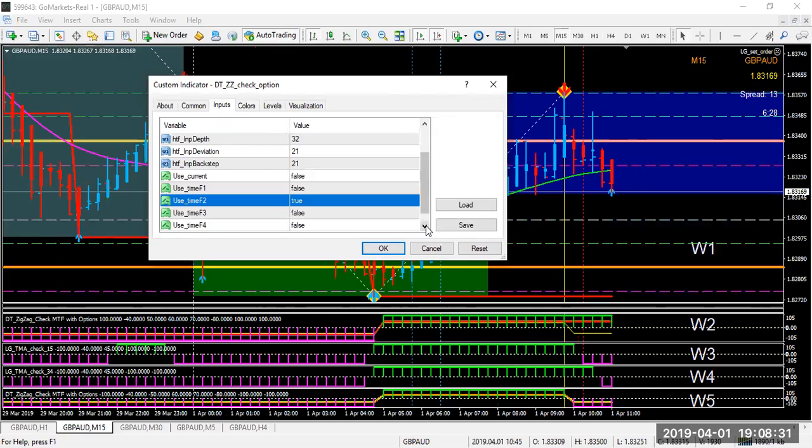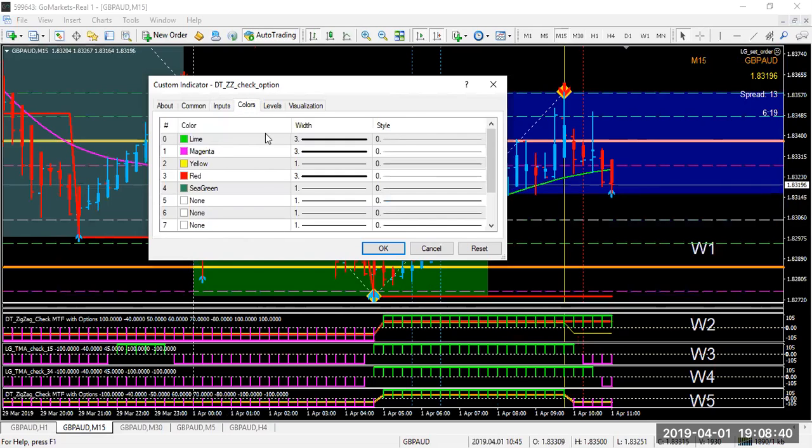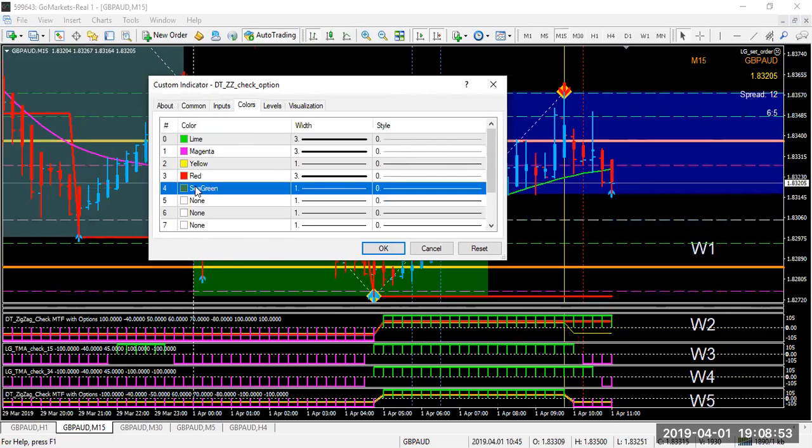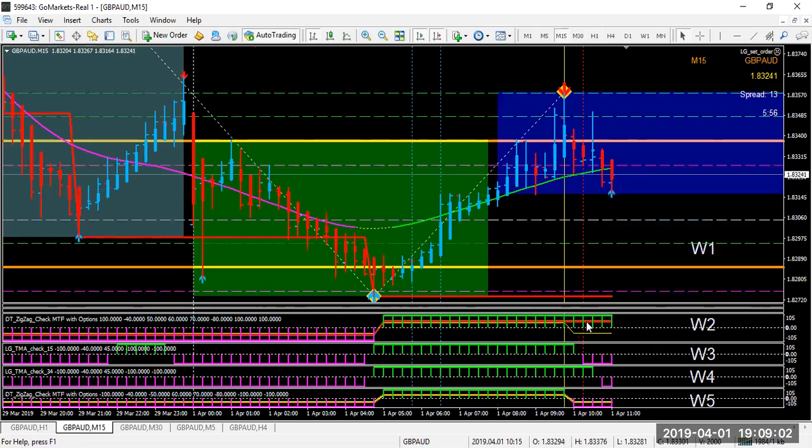The only way to let you know what the M15 and M30 are doing is by using the color. Knowing that yellow is the current time frame, it's number 2 in the colors. Number 3 is M30, sea green is H1. There's where window 2 is guiding you.